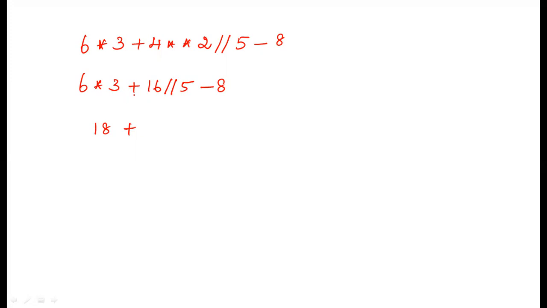When compared with plus and minus, multiplication and floor division have the highest precedence. So first we have to evaluate these two, then we have to proceed with plus and minus, that is addition and subtraction. So you have to evaluate 16 floor division by 5, which gives the result as 3, minus 8. So 18 plus 3 is 21 minus 8. So your result is 13.